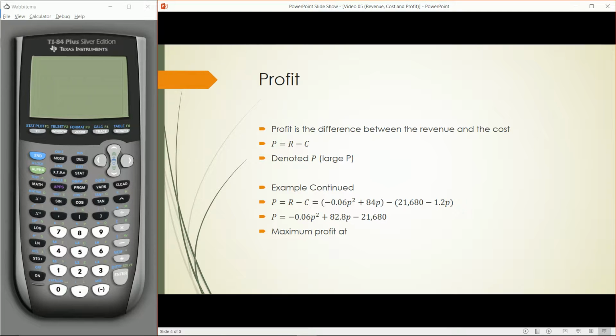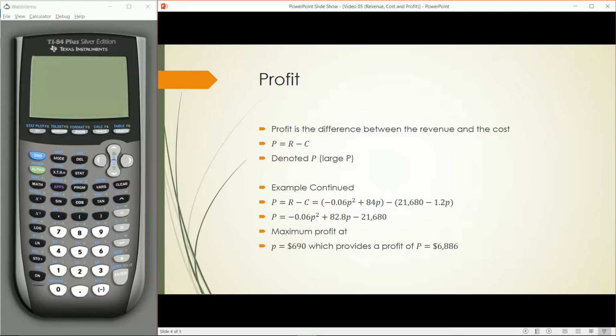So we can find a maximum profit, which will be at our vertex, which would be $690, which, if this scale was in tens of dollars instead of ones, could be $6,886 in profit.